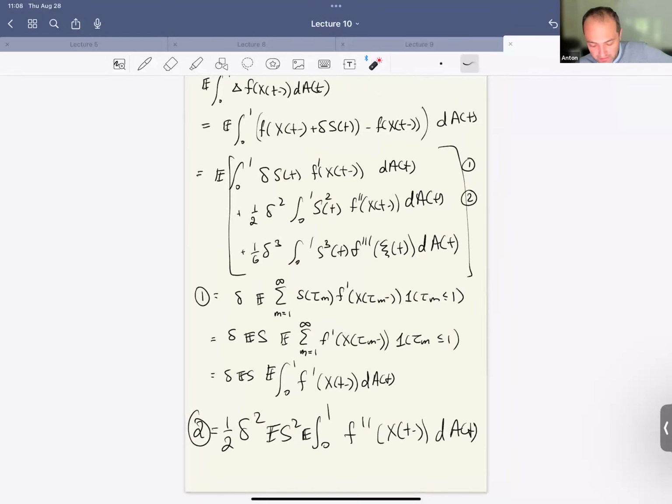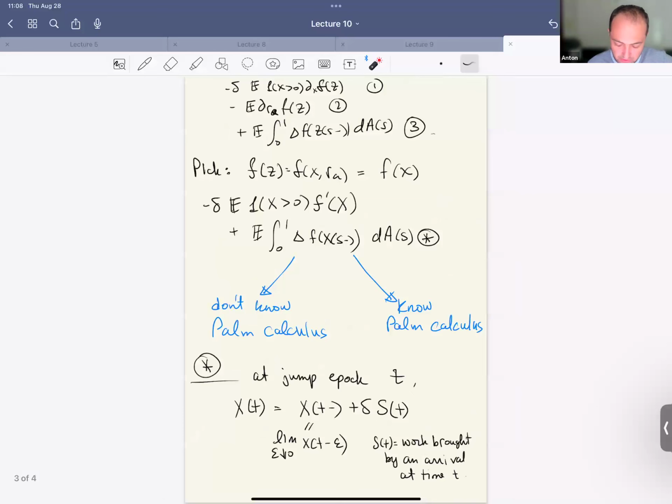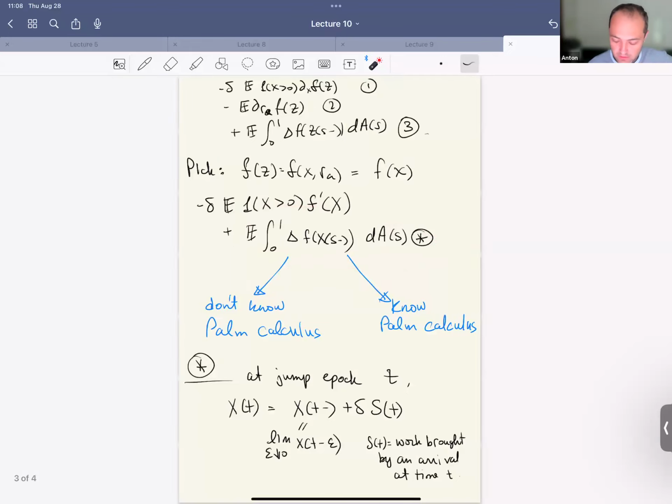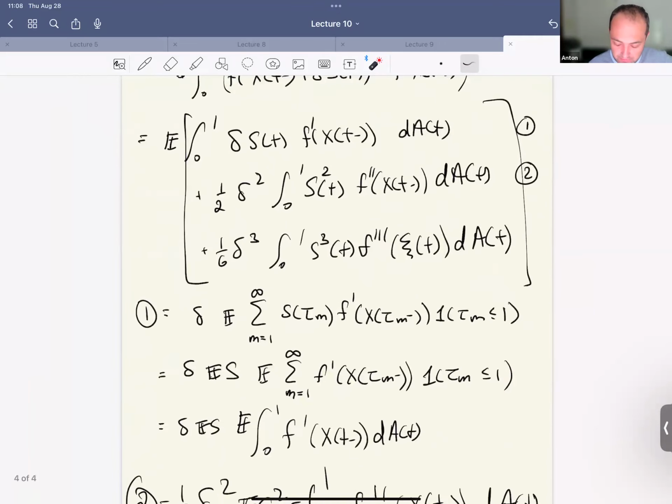But let me just backtrack. We said this contributes to our diffusion approximation. We were not sure what to do with the jump term, but we went in and did what we could. That is, derive the expansion. We derived the expansion.